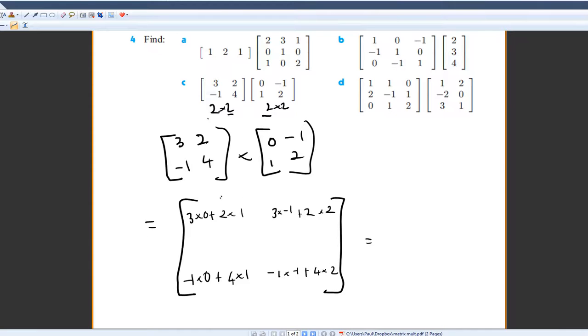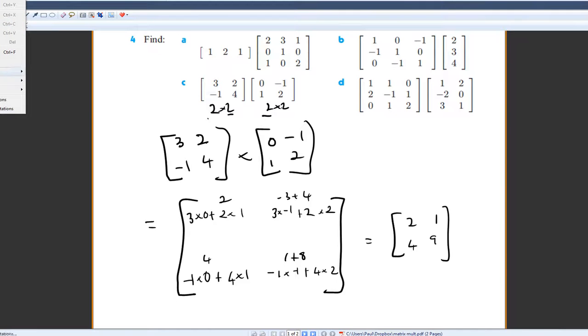Alright, that's 2, -3 plus 4, 4, and that one is 1 plus 8. So the result is 2, 1, 4, and 9.